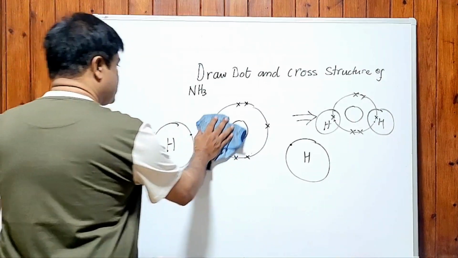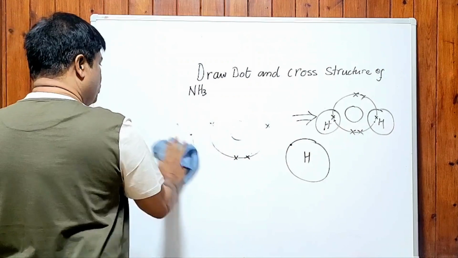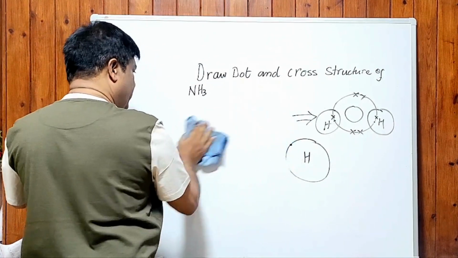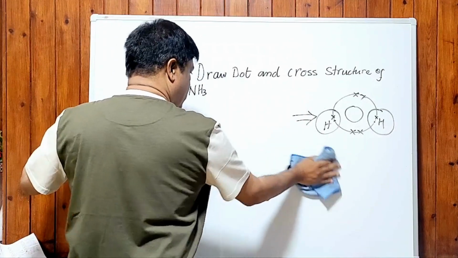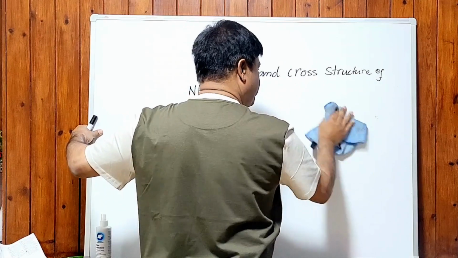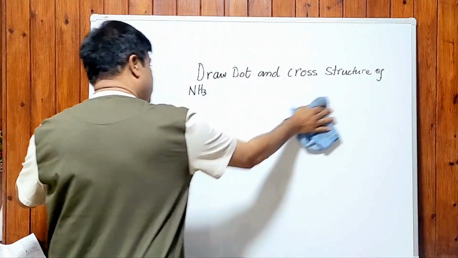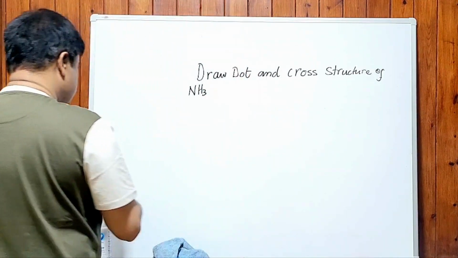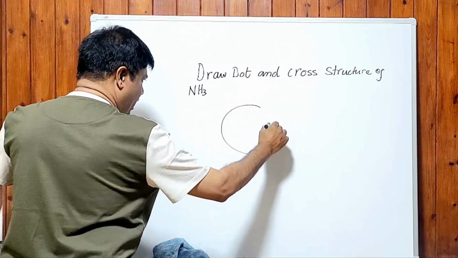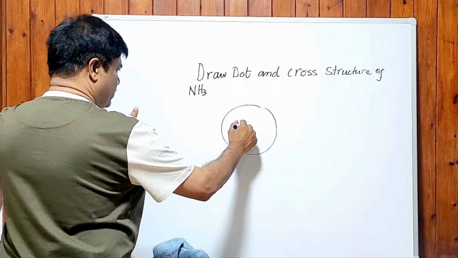Dot and cross structure of ammonia molecule. Then we will do methane. Nitrogen has how many electrons in the valence shell? It has 5 electrons in the valence shell.